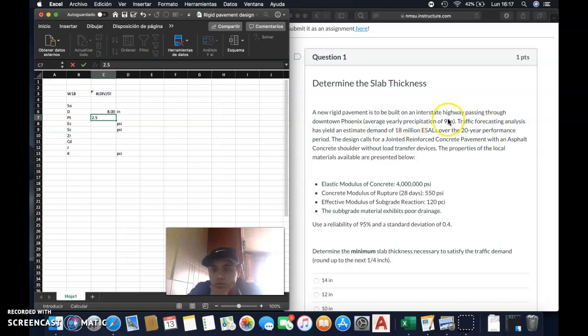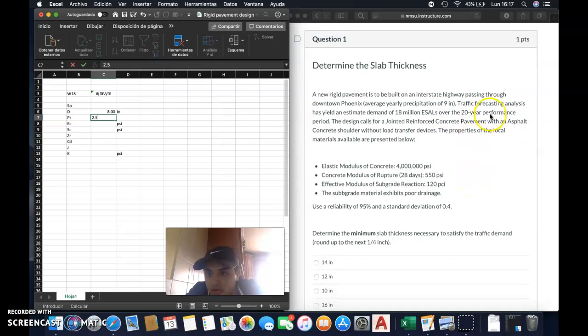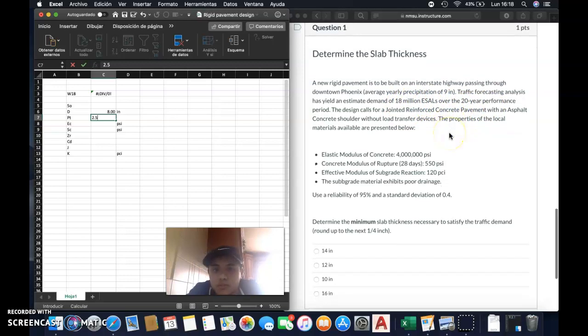The location is Phoenix, with a precipitation of 9 inches, which is very low. Traffic forecasting analysis has yielded an estimated demand of 18 million ESALs over the 20 year performance period.